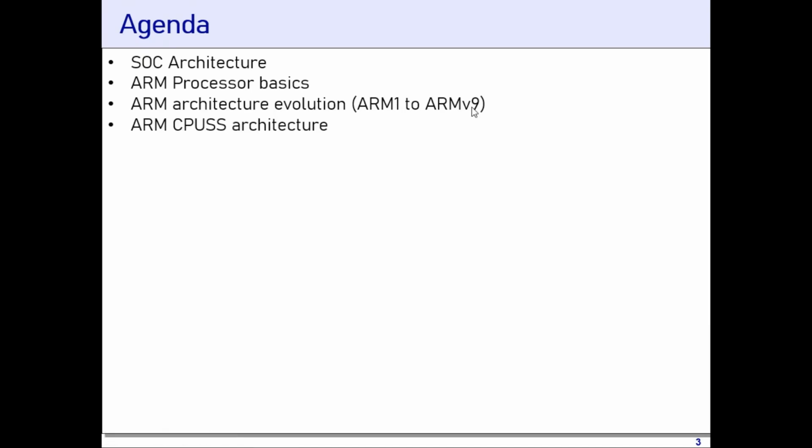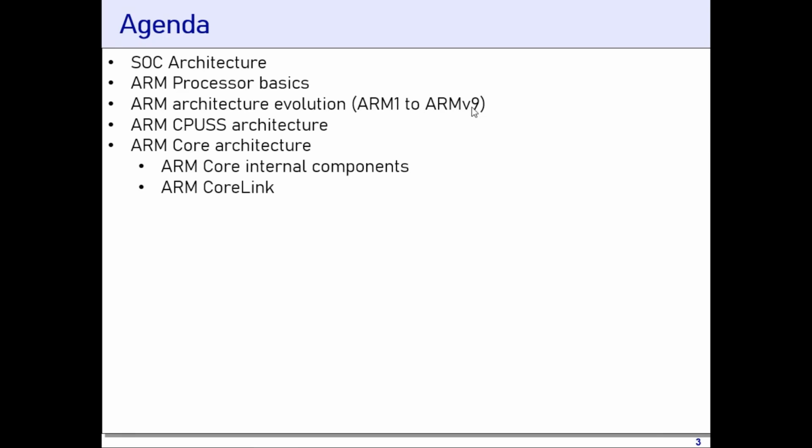Then we'll discuss a typical ARM CPU subsystem architecture and what is meant by big little architecture. We'll also talk about what the ARM core architecture looks like, and what the internal aspects of an ARM core are. Then we'll talk about what is core link.